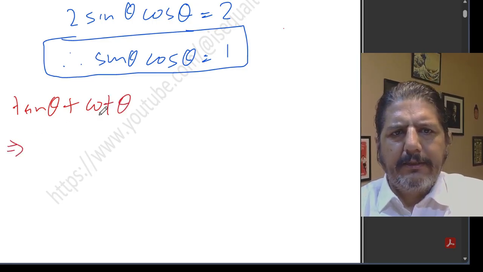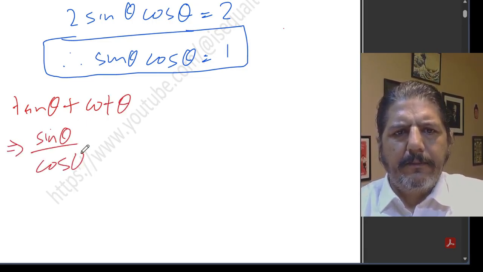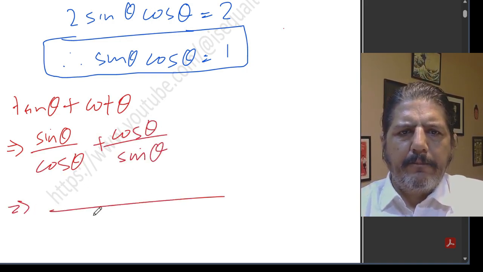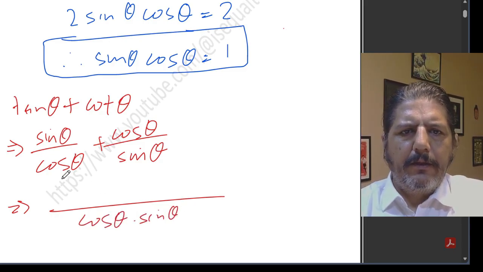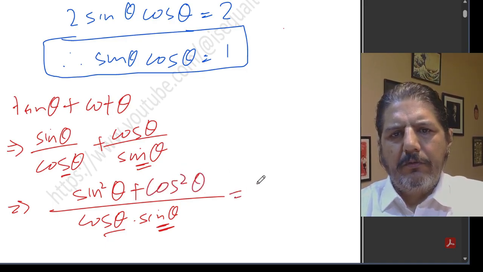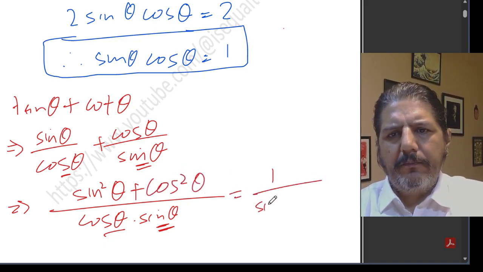So I can write tan theta plus cot theta as sin theta upon cos theta plus cos theta upon sin theta. This will be sin²θ plus cos²θ upon sin theta cos theta. So this will be equal to 1 upon sin theta cos theta.